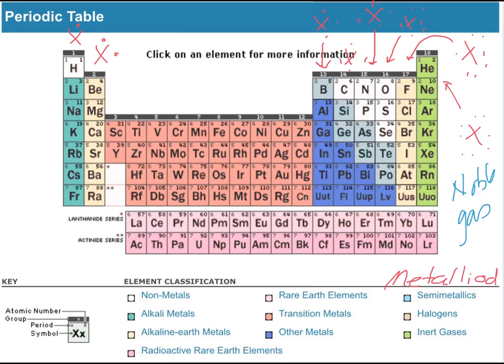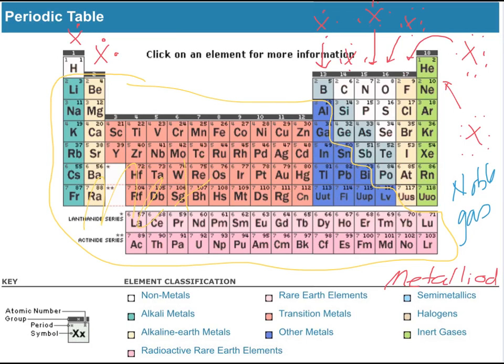Now, these other groups over here, your group 16, 15, and 14, they have some specific names as well, but we're not going to require you to know those specific names. Now, what you'll also notice is that if we take all of these elements here, the majority of them are metals, right?